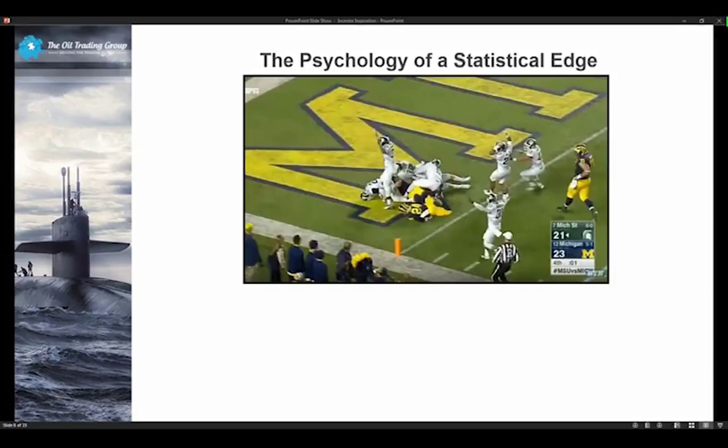Now, if you were a fan of the Michigan State football team and you didn't have a chance to watch this game, but you were going to record it, and let's say that you happened to be out at the store and somebody told you, man, what an amazing game, and Michigan State won, and you found out the score inadvertently before you got to watch it, right? Somebody forgot to tell you, spoiler alert, but you found out the score before the game was over.